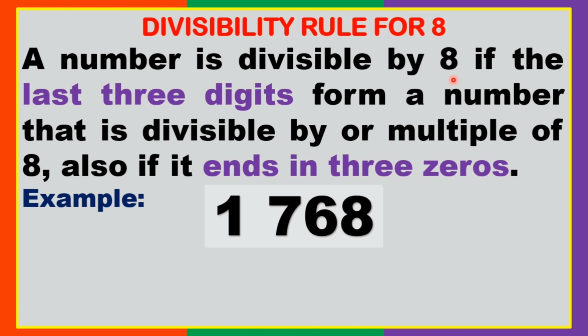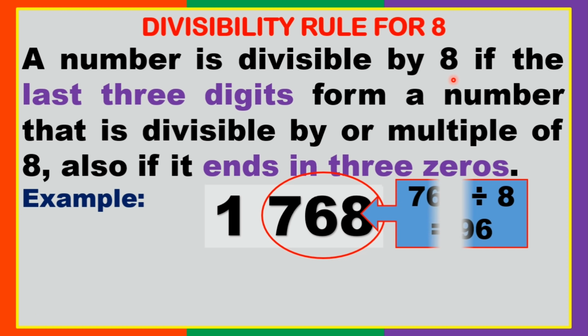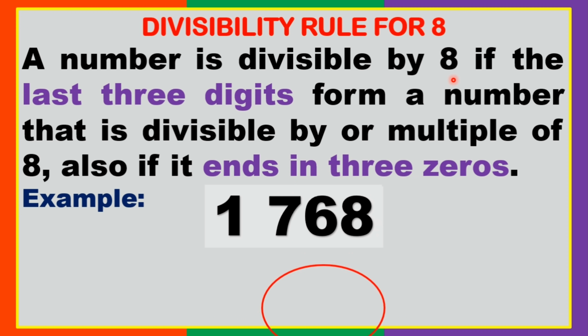Another example, 1,768. Look at the last three digits, we have 768. Divided by 8, we have 96. There is no remainder. Therefore, 1,768 is divisible by 8 or has a factor of 8.